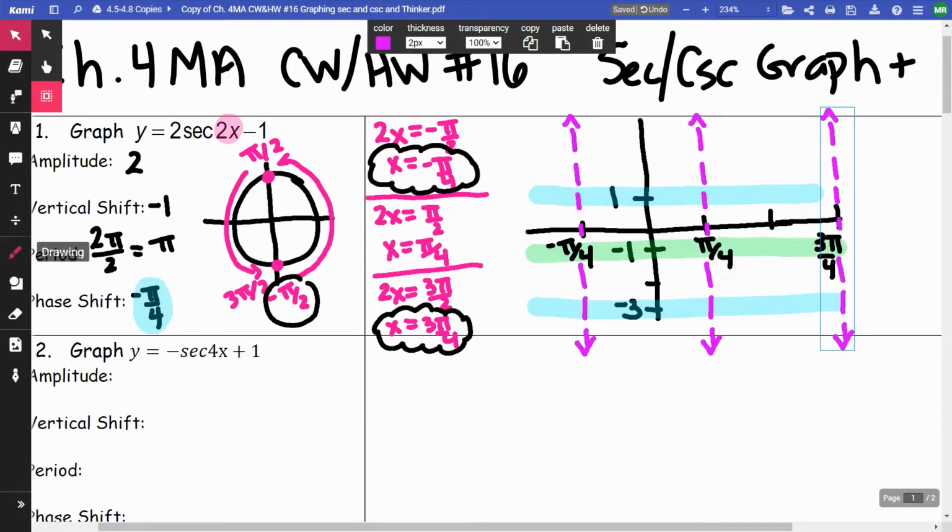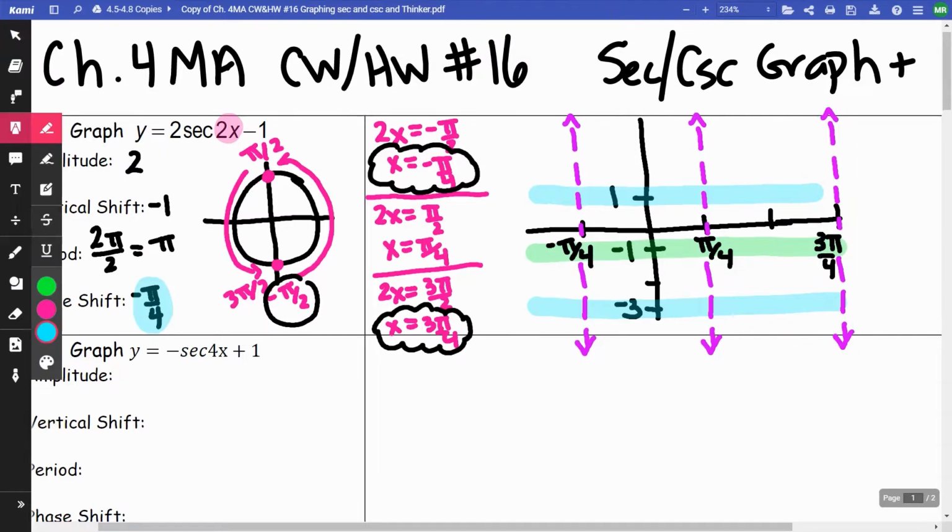And then again, I was starting down here. And when I'm going around this, what you want to notice is as I'm going around, going this direction, this is going to be 1. This is going to be -1.